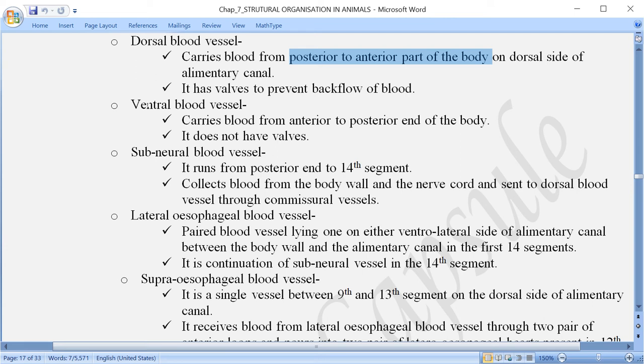Whereas the ventral blood vessel carries the blood from anterior to posterior end of the body. And in this case there are no valves, but they are present in the case of the dorsal blood vessel.